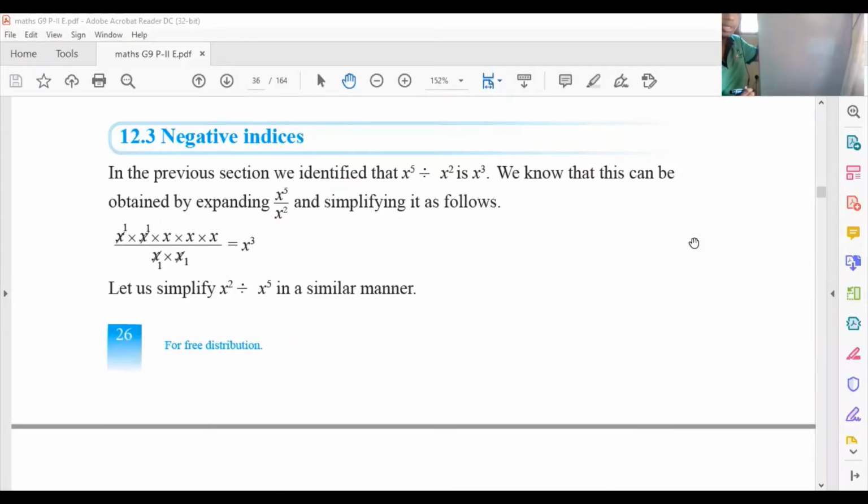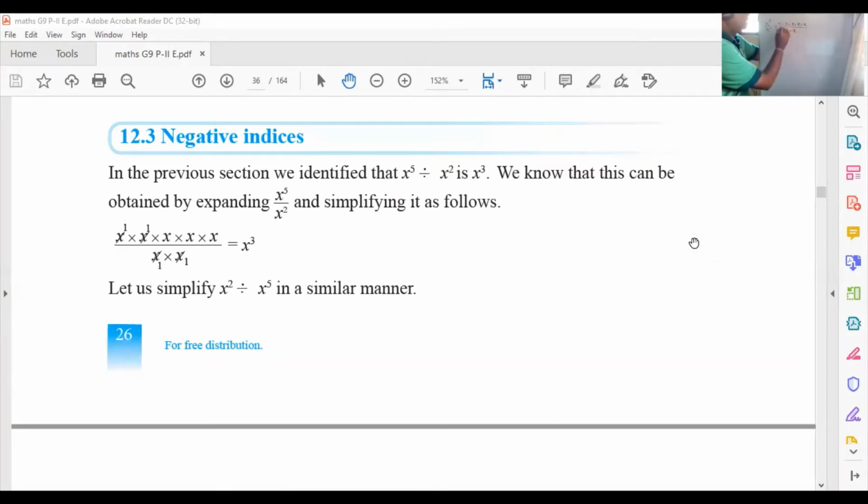When we're talking about negative indices, take an example: x to the power 5 divided by x to the power 3. If you expand this, x times x times x times x times x, that is 5 x's, divided by x to the power 3, which means x times x times x.